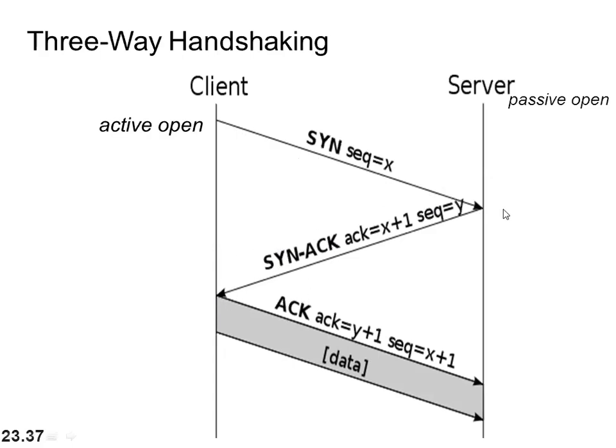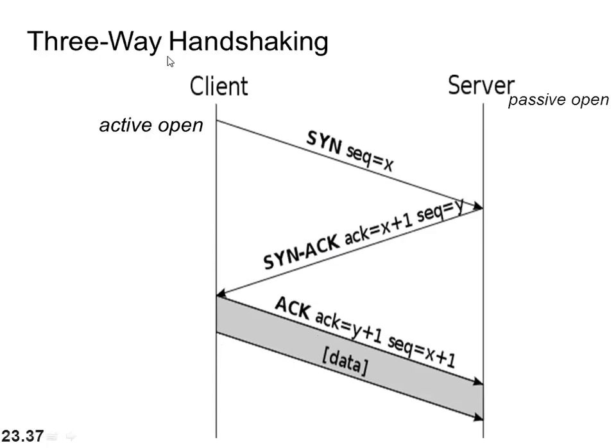So the client is saying, yes, I'm actually trying to establish the connection with you. So once the server receives this acknowledgement, the server will be sure that the connection request was a fresh one and not a duplicate one.